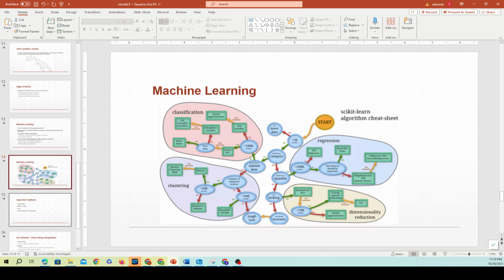Here are some examples of how machine learning can be implemented: classification, clustering, dimensional reduction, and regression. So they're all different types of machine learning. We talked about the k-means already.